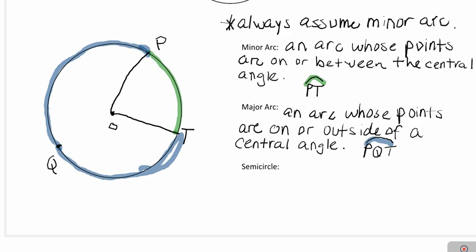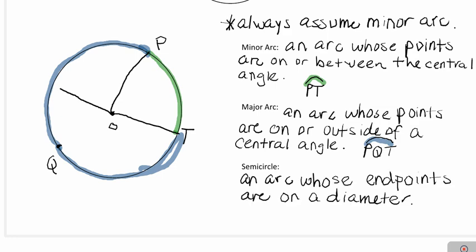Now hopefully most of you know what a semicircle is. A semicircle is an arc whose endpoints are on a diameter. So let's say I were to extend this to form a diameter, and then I have point R. So an example then of our semicircle, we would call it arc RT, or arc TR.